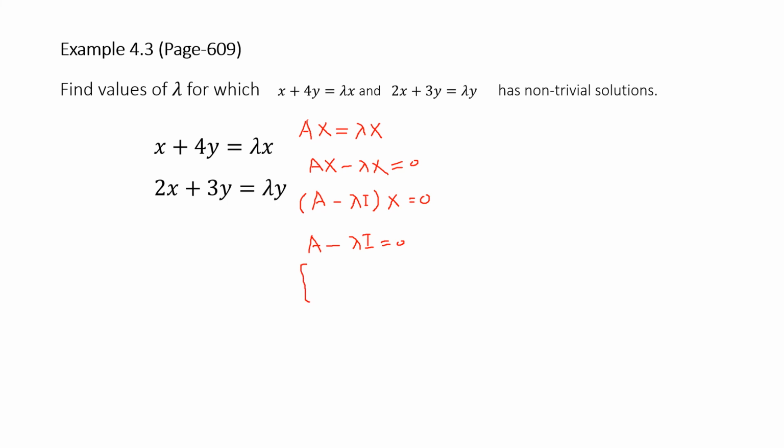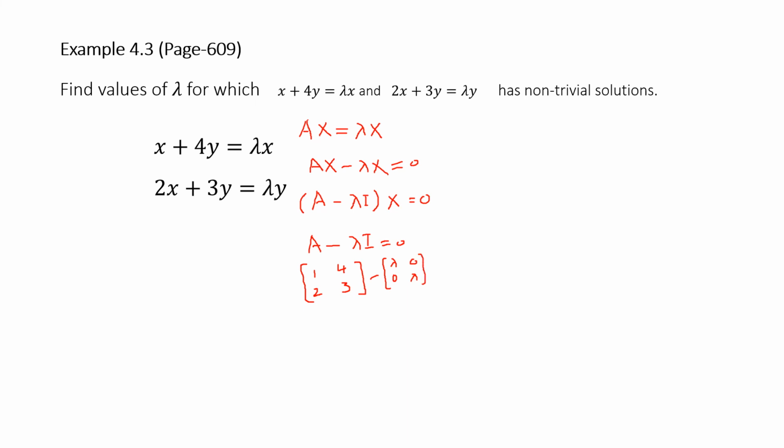A is 1, 2, 4, 3, and minus lambda I means lambda, 0, 0, lambda.